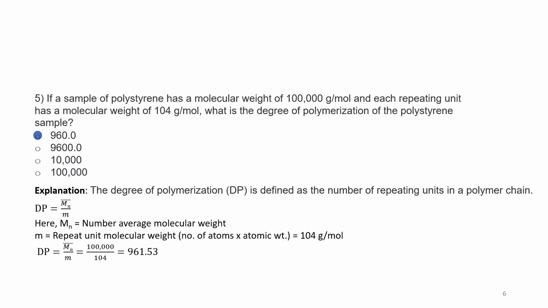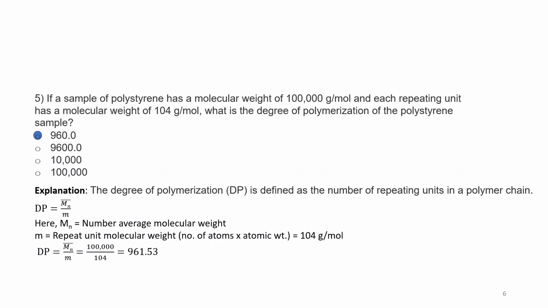Here, degree of polymerization can be defined as the number of repeating units in a polymer chain. So degree of polymerization can be given as Mn upon M. Mn will be the number average molecular weight. M will be the repeat unit molecular weight.